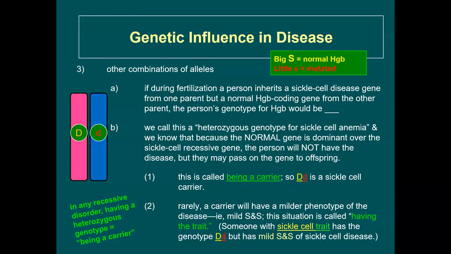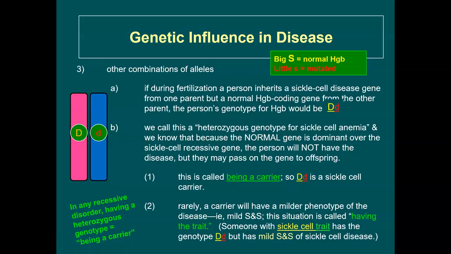Now, what else can occur? I said that sickle cell disease is inherited in recognizable patterns, but what other combination of genotypes can individuals get? If, for instance, Mom does not have the mutated recessive gene, she has a dominant gene for hemoglobin coding, and Dad has the recessive gene, then we know that the genotype is going to be heterozygous for sickle cell anemia.